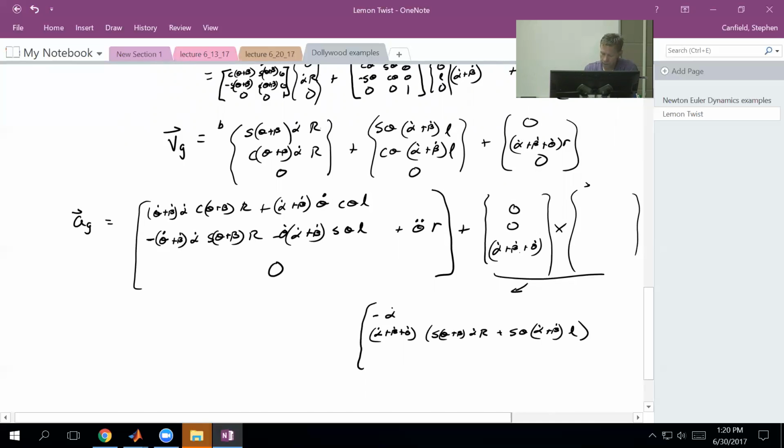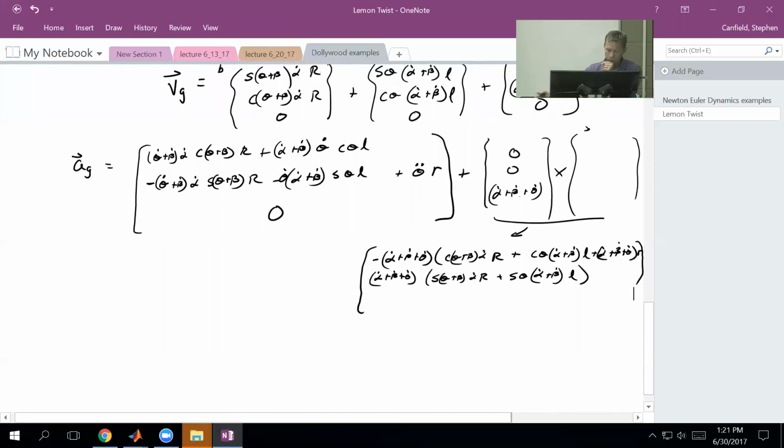So we get a negative alpha dot plus beta dot plus theta dot times the j term, cos theta plus beta alpha dot r plus cos theta alpha dot plus beta dot L, plus alpha dot plus beta dot plus theta dot little r. Whew. So that's that guy.